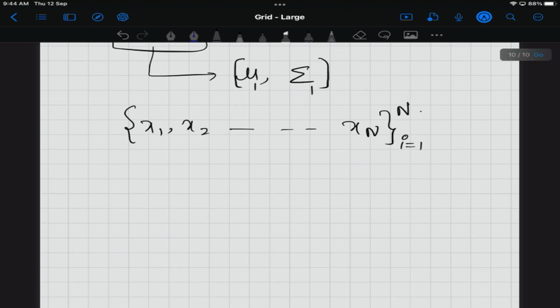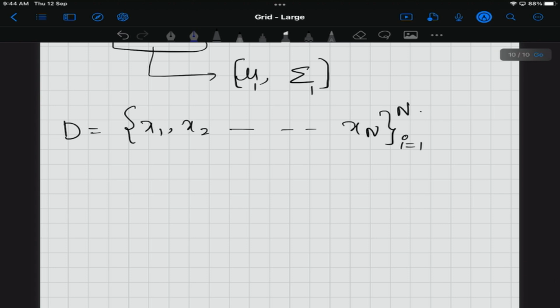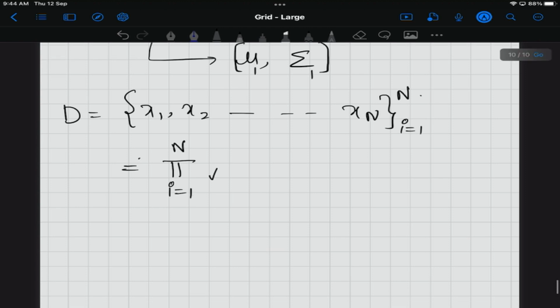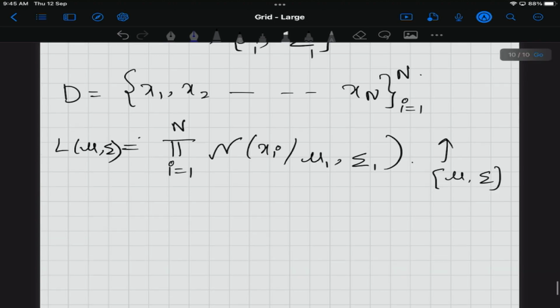If you have your data points, the first step is to write your likelihood for your entire data set. This likelihood is a function of mu and sigma, and we have to maximize it with respect to mu and sigma, right? So let's derive that.